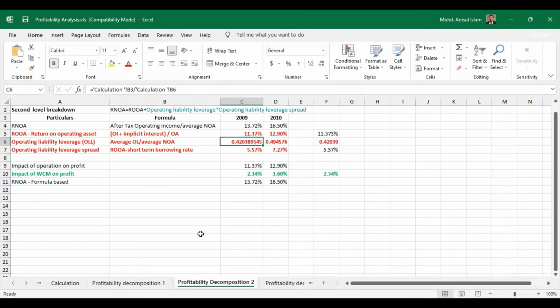In that case, if we use the operating liabilities, we can create value of 2.34%. I'll show you more precisely.